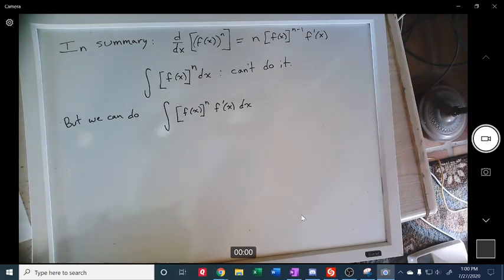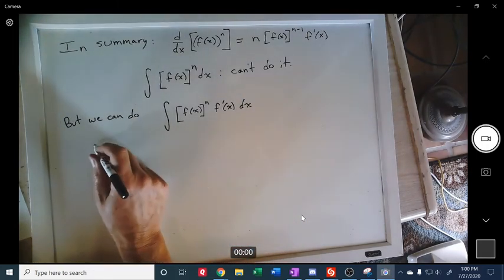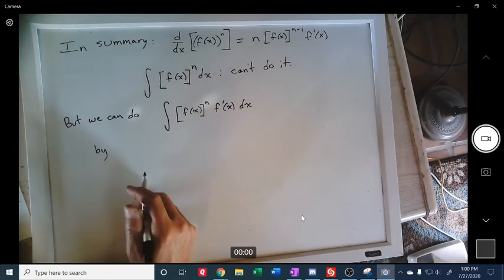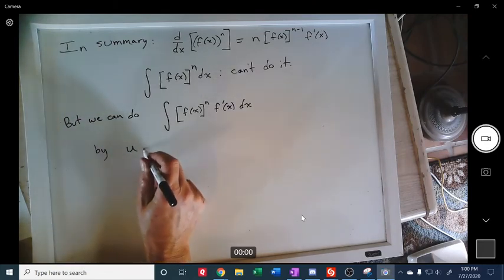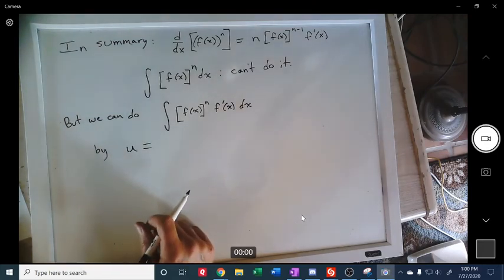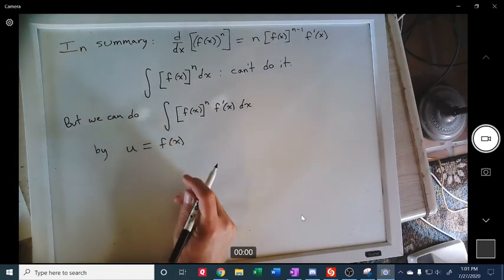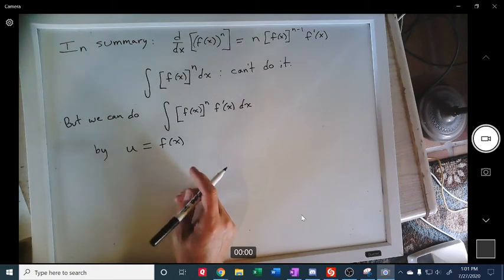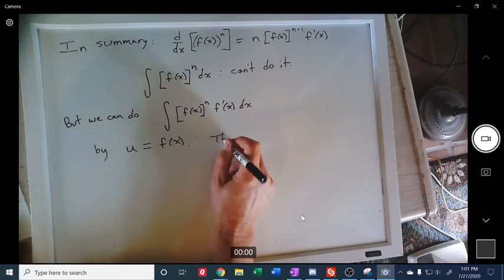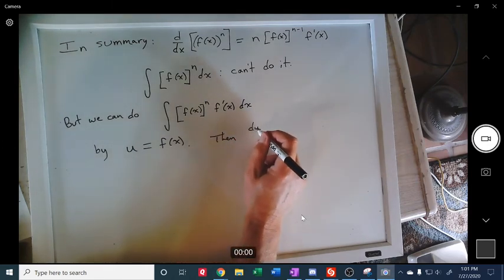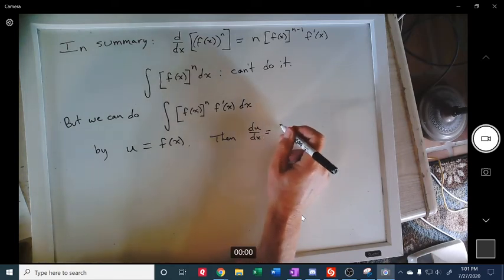We will do this by doing a u substitution. We'll create a new letter u, and we'll let u be f(x). Then du/dx will be f prime of x.